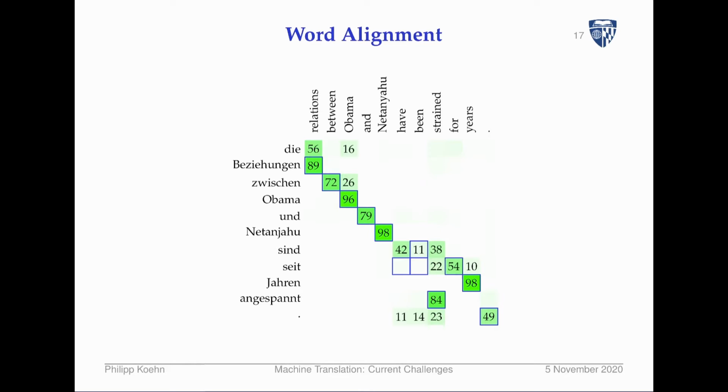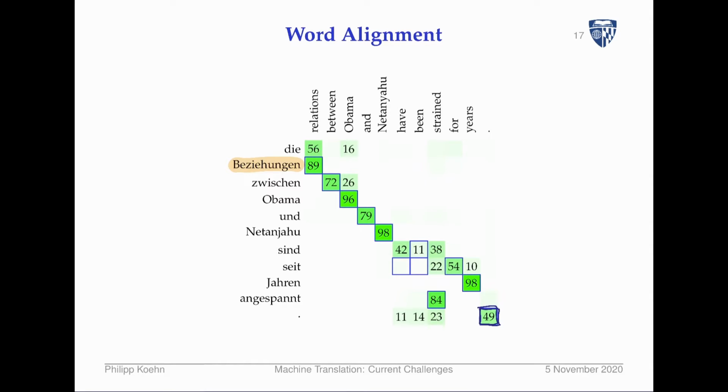The blue boxes are alignments produced with IBM-style word alignment, and the green are the relative probabilities computed by the attention mechanism. And in this example here, it does generally do the right thing, and therefore we can actually take the attention mechanism and use it as kind of to report word alignment.